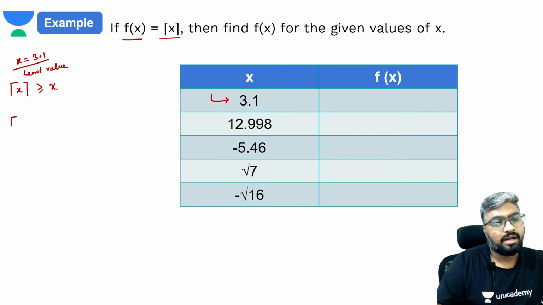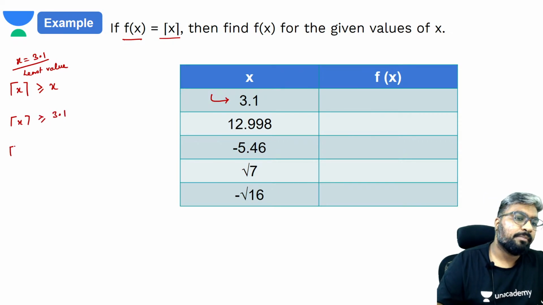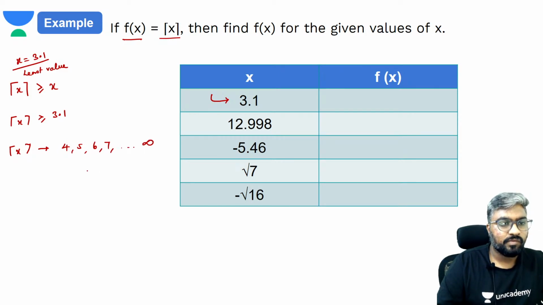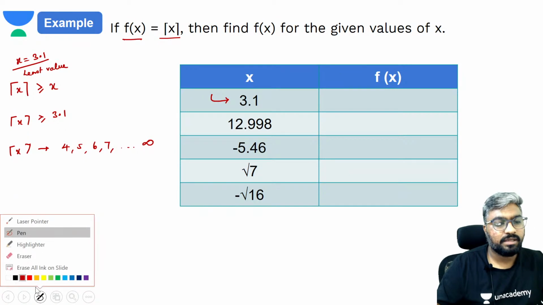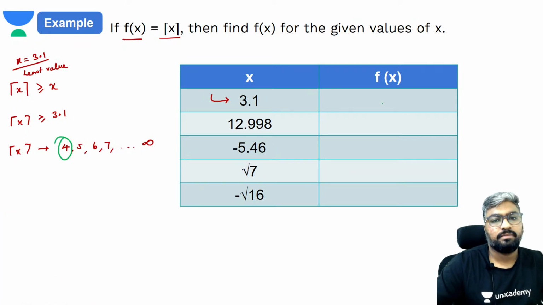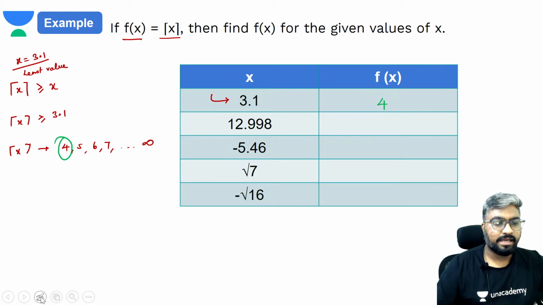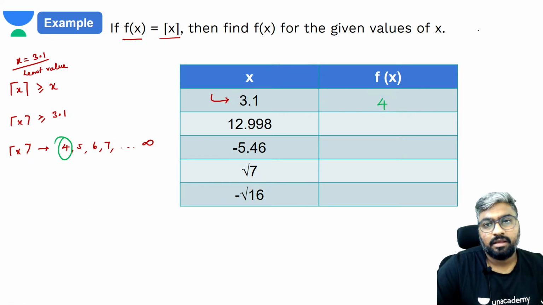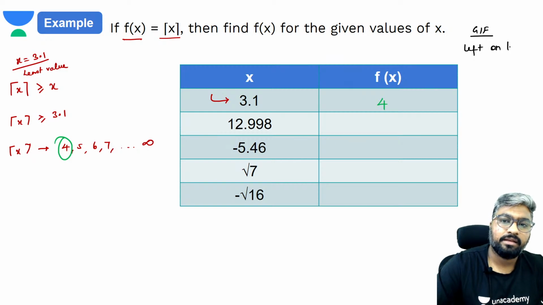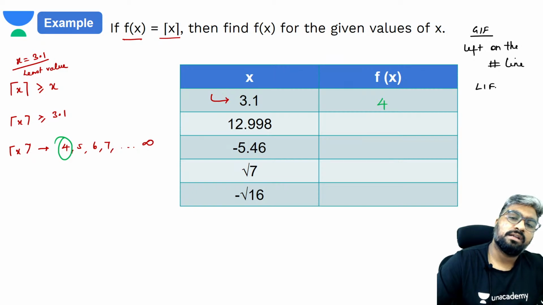Meaning, this one will be greater than or equal to 3.1. So what are its possible values? It can take 4, 5, 6, 7, all the way till positive infinity. So what is the least value among these? 4. This will be the ceiling. That's it. In the greatest integer function, we go left on the number line. Correct. In the least integer function, what do we do?